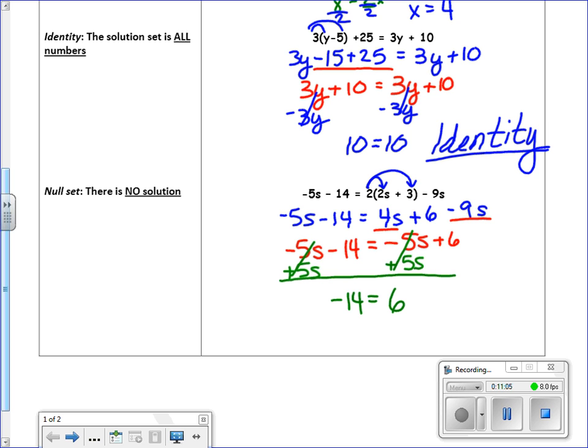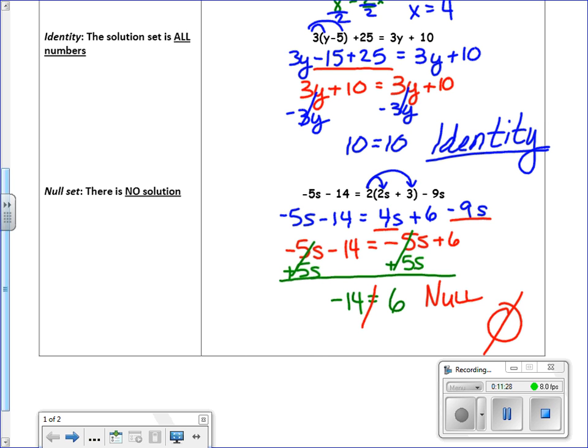Well, we know that's not true. So we put a line through that, and we could either say null or put a line through a 0. That's another symbol for null. And we'll talk about other ways to identify identity sets or null sets in class.